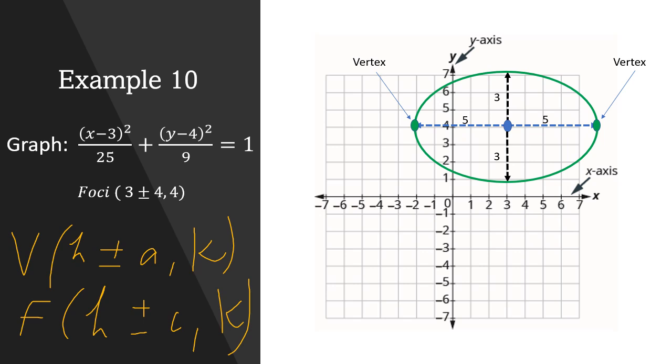Now still here, c squared equals a squared minus b squared. So in our case, 25 minus 9 is 16. So that's how we got c as plus or minus 4.